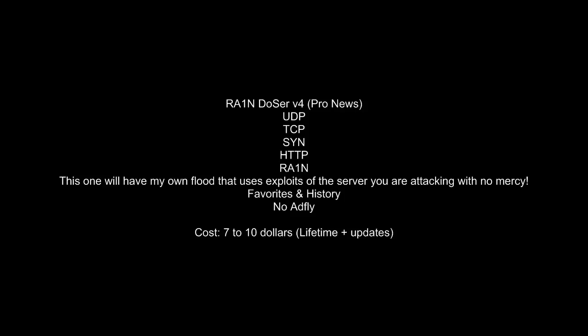Now keep in mind, the more data you're sending out of your own internet, the harsher it's going to be on your internet itself. Meaning that if I'm doing 100 floods per second, which is highly possible with RA1N DoSer, then you're going to be sending out probably about 10 megabytes? And that's pretty hardcore. You might crash your own internet if you don't slow it down enough.